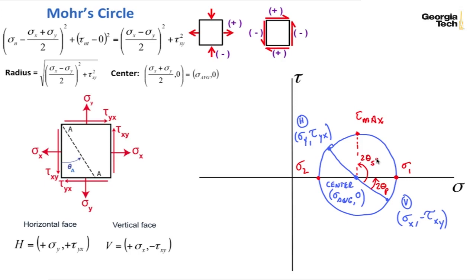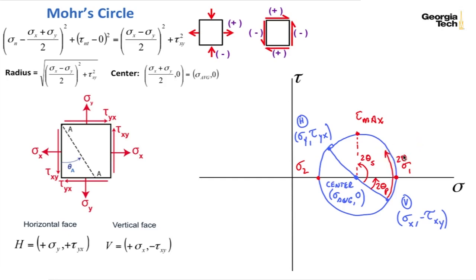And we can go to any arbitrary plane. So let's go to an arbitrary plane AA, a counterclockwise rotation of theta sub A. So that's going to be 2 theta sub A on my Mohr circle. So if I go around 2 theta sub A, and again, this is just arbitrary. I'm just giving this as an example.